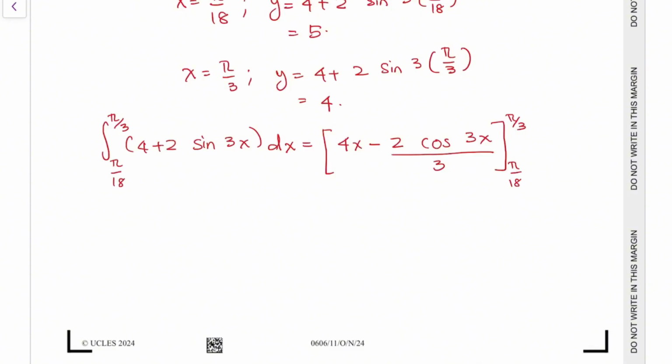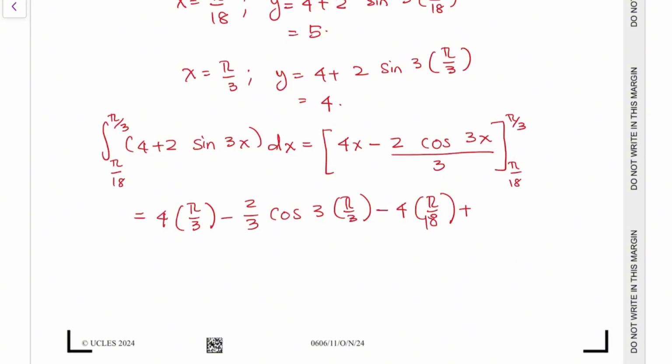Next one is just substitution. 4 times pi over 3 minus 2 over 3 cos 3 times pi over 3, and then to be subtracted with 4 times pi over 18. Okay, I'll change the sign to plus because I basically need to minus minus.